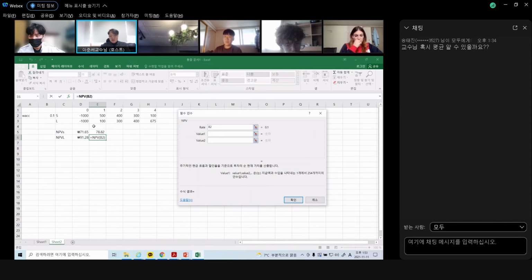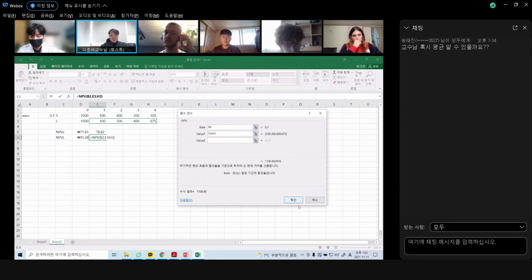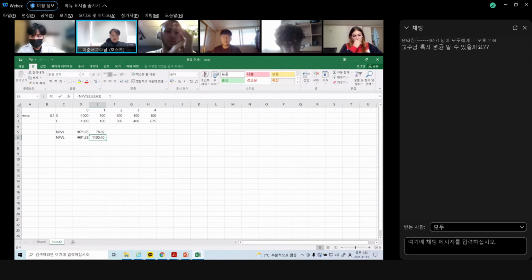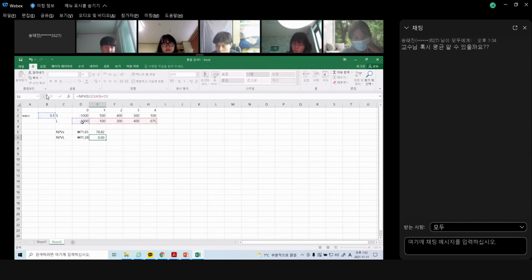By the same token, for project L, the interest rate, I mean the WACC, is 10%. You should start not at time 0, but at time 1, through to the closing project day. Click, and then add the capital expenditure cash outflow as of today.